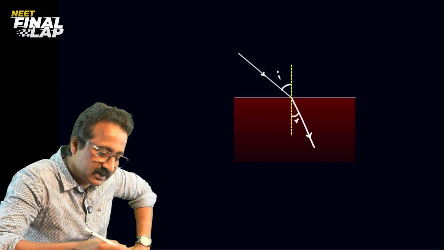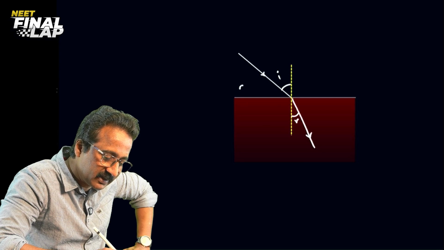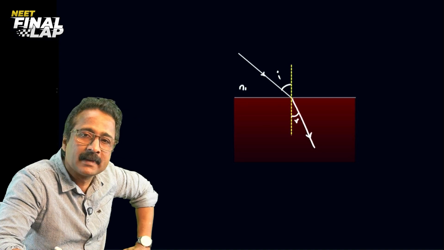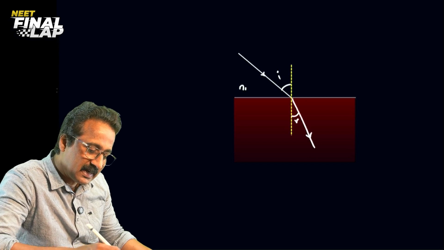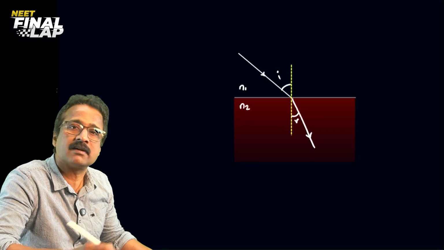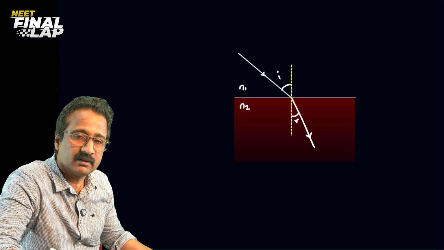Now I have to bring in some terms like refractive indices to state the law. Let's assume that N1 is the refractive index of the first medium and N2 that of the second medium. These are the two refractive indices.